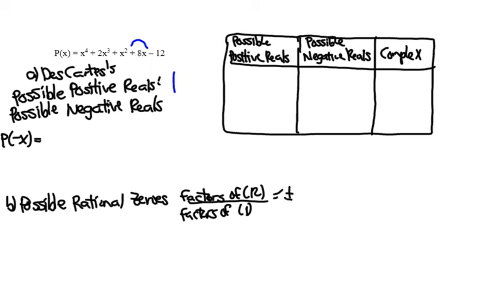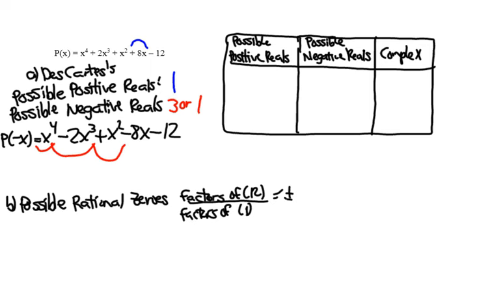Again, if the exponential power is even, the term will not change whether it's negative x or positive. But if it's an odd exponential power, then the sign in front is going to change. Okay, so let's count the number of consecutive sign changes. 1, 2, 3. So it's either going to be 3 or 3 minus 2, which is 1.